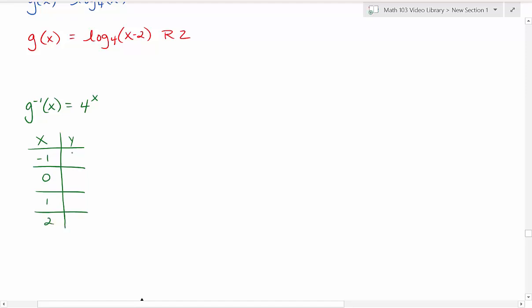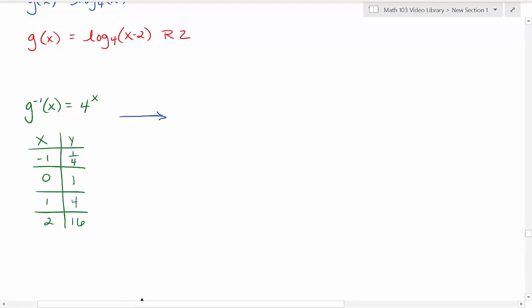4 to the negative first is 1/4. 4 to the 0 is 1. 4 to the first is 4. And 4 to the second, 16. Now these aren't the points we want to graph.